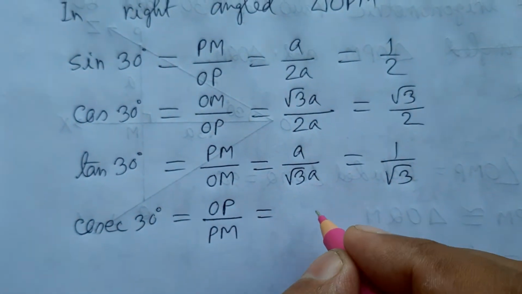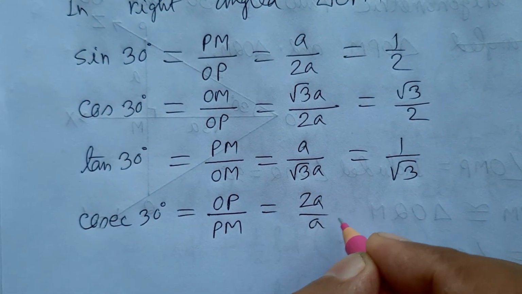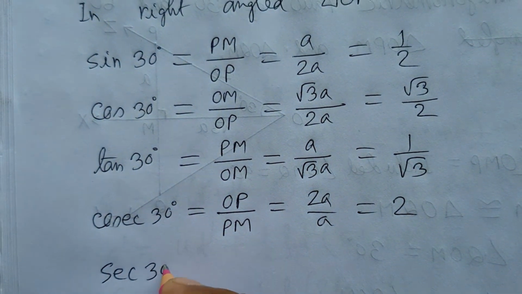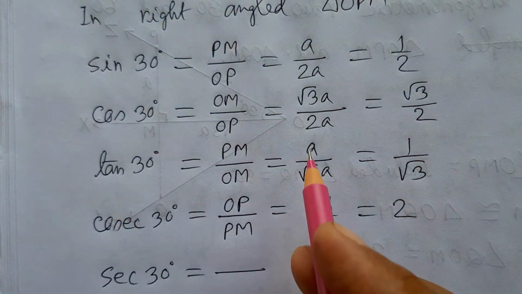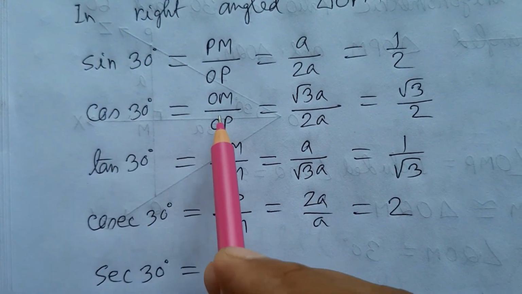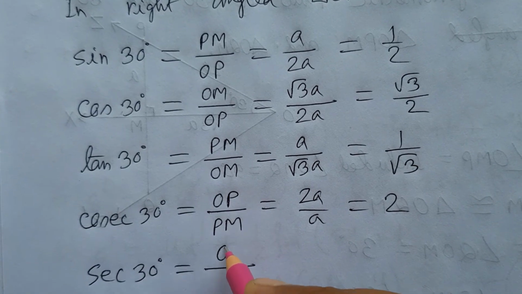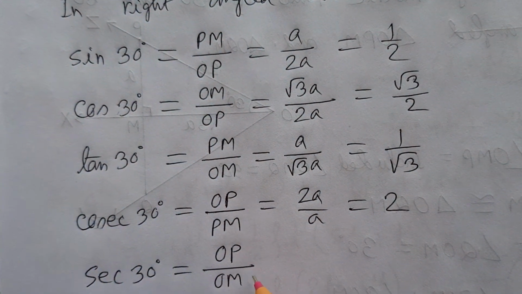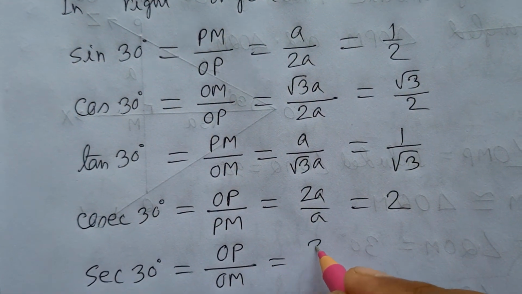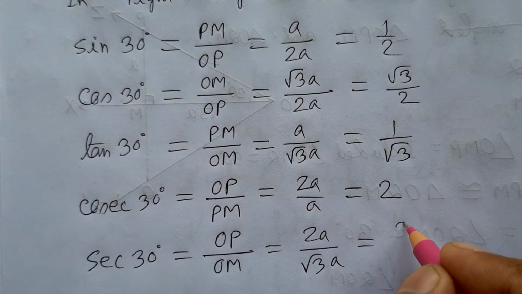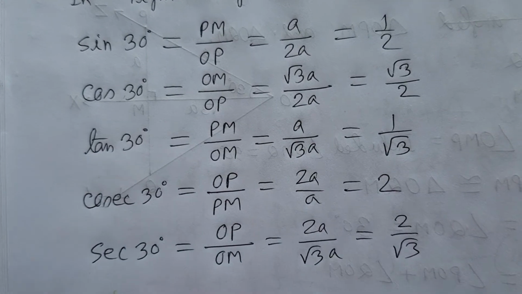OP by PM means 2A by A, which is equal to 2. Similarly, sec 30 degree. Sec 30 means opposite of cos, so it is OP by OM, that means 2A divided by root 3A, so its value will be 2 by root 3.